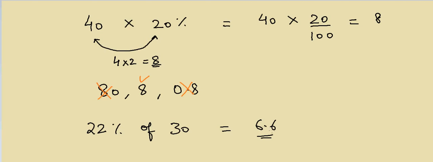I know that 660 is not possible, 66 is not possible, 6.6 is possible, 0.66 is not possible. So it has to be 6.6. Or if you're good at it, you can also cancel the zeros by yourself.